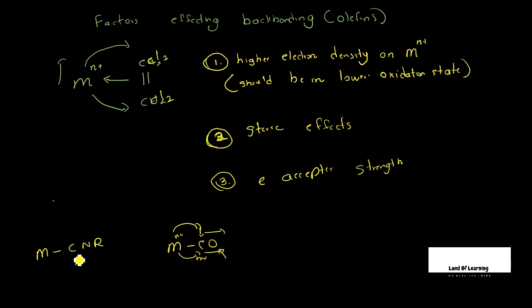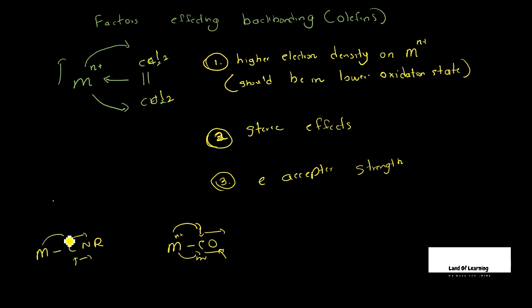But in this case, look at this, our nitrogen is not that strong at pulling electron density from the carbon, because the electronegativity of nitrogen is relatively lower compared to oxygen. So nitrogen has relatively lower capability of pulling electrons from our carbon, which makes the carbon not that electropositive.